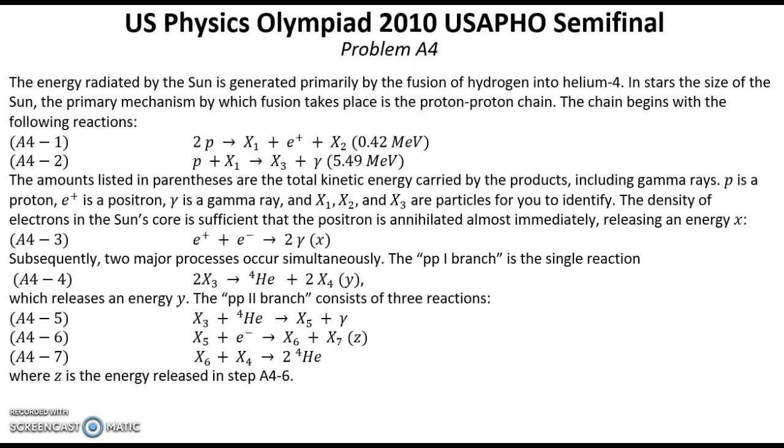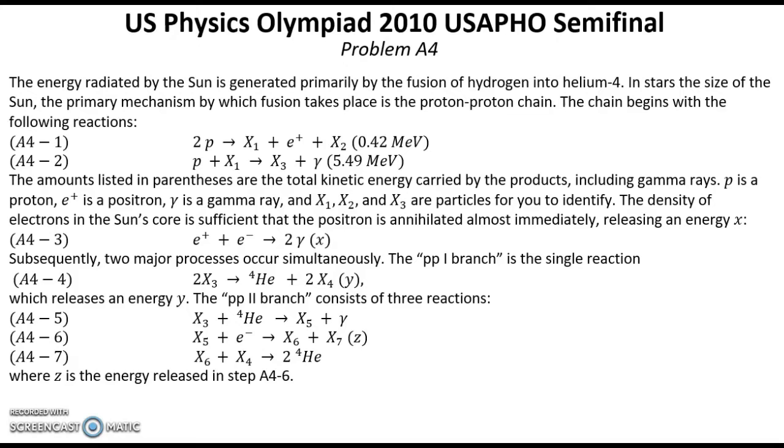The density of electrons in the Sun's core is sufficient that the positron is annihilated almost immediately, releasing the energy X. During this annihilation reaction, electron plus positron go into two gamma rays.